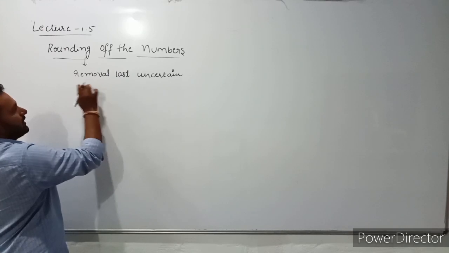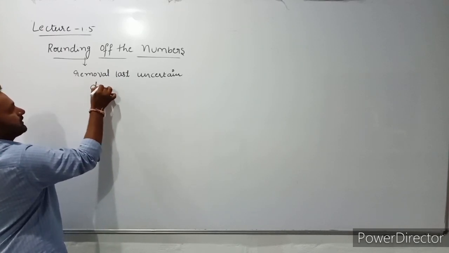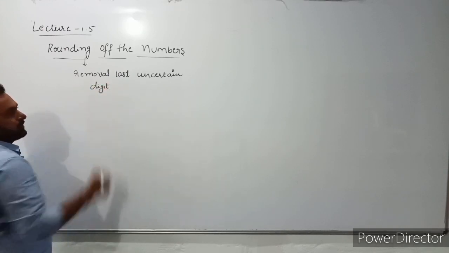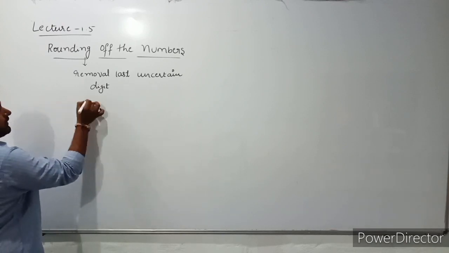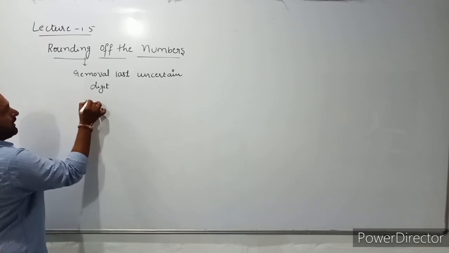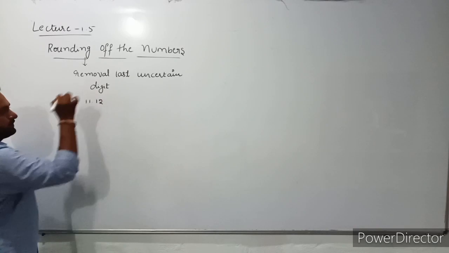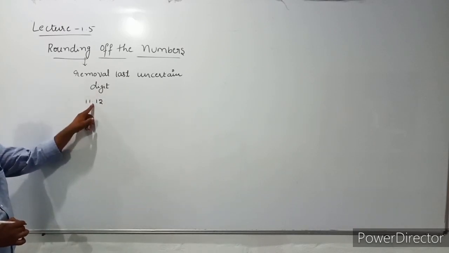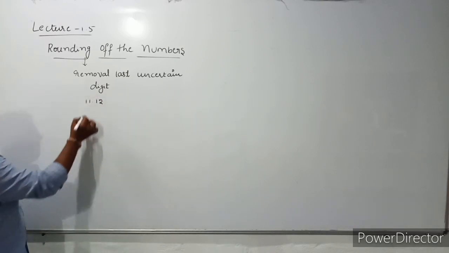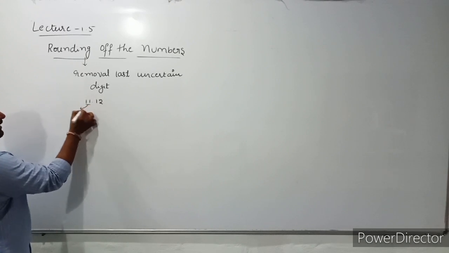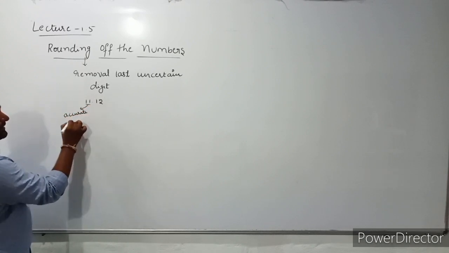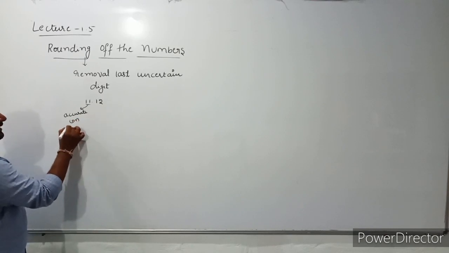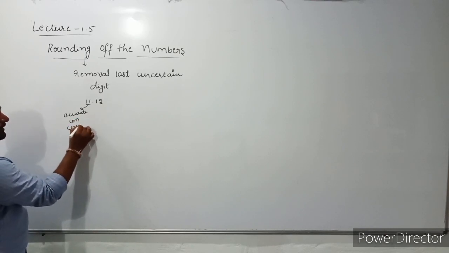Removal of last uncertain digit. Okay. Now let us take one example. 11.12. Say before the decimal point the digits are accurate digits, or we can call them certain digits.